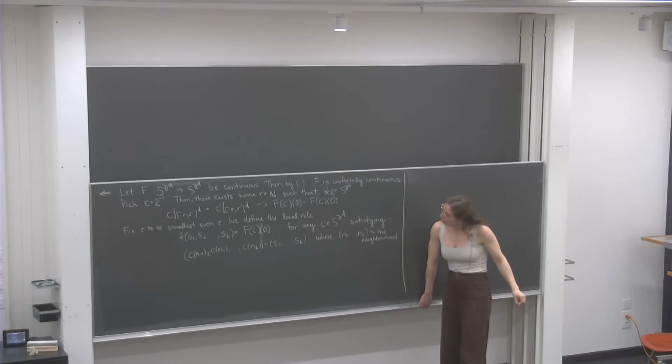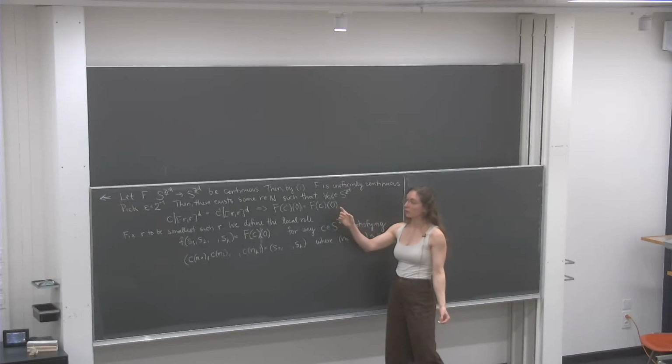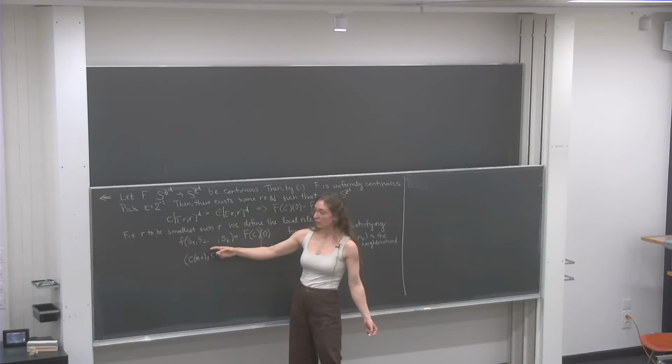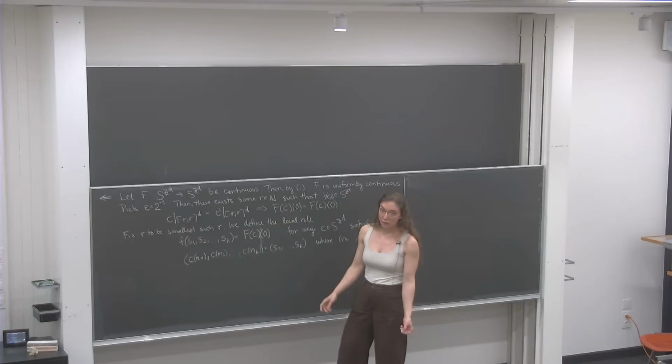So essentially now we have that the value of every configuration at the origin is determined by this finite region. So we just define the local rule to map that finite region onto the image.